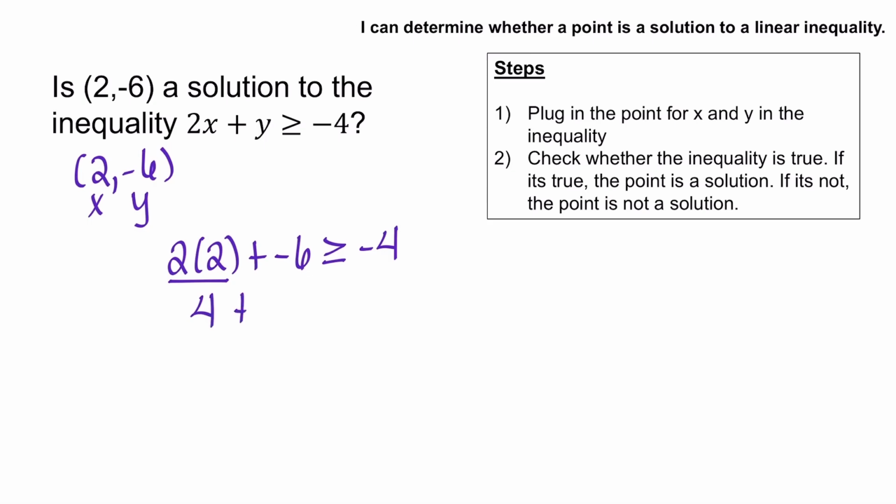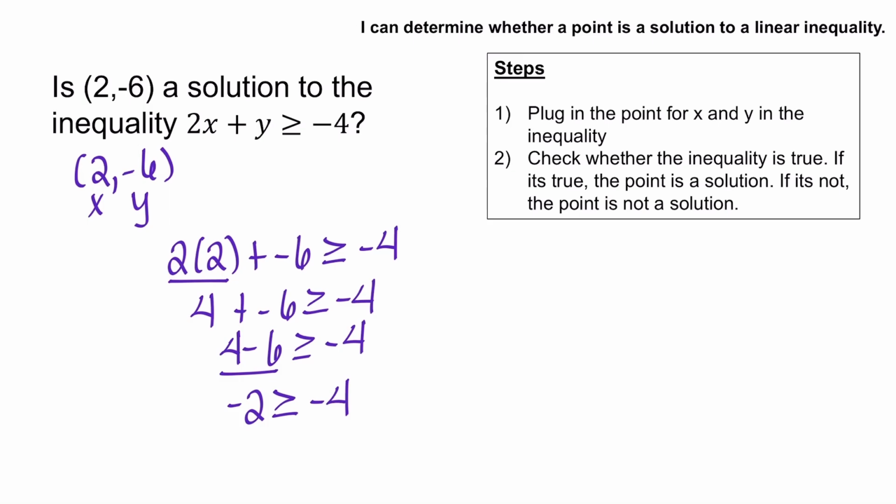We have 4 + -6 ≥ -4. 4 + -6 is just 4 - 6, and we're checking if that's greater than or equal to -4. 4 - 6 is -2, which is in fact greater than or equal to -4. So this is true, which means that (2, -6) is a solution.